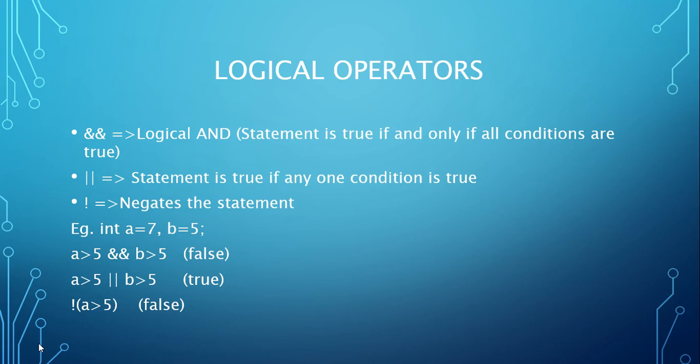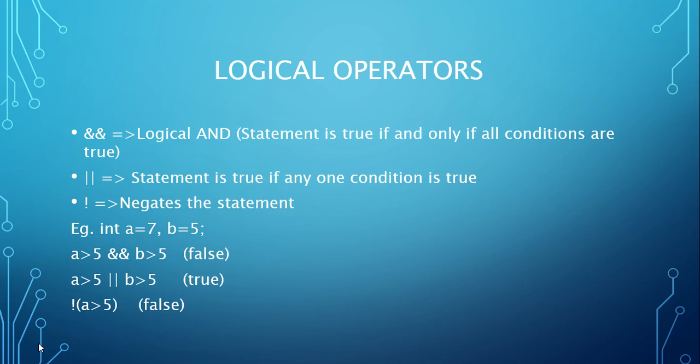In case of OR, when I am joining multiple conditions using OR, for example, if it is not sunny, or if I finish my work, I will go out. Now in this case, if I finish my work, but it is sunny, I will still go out.